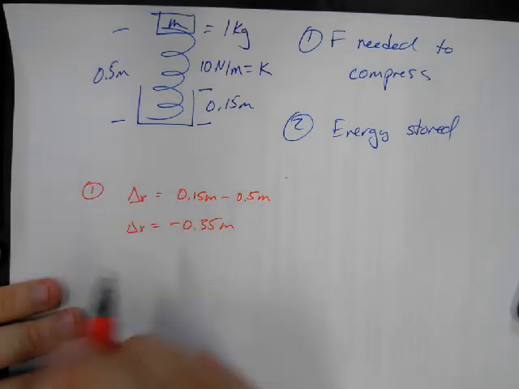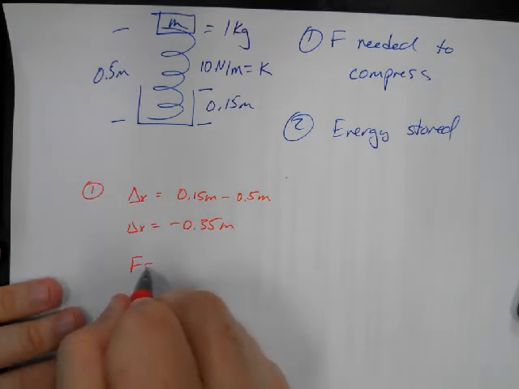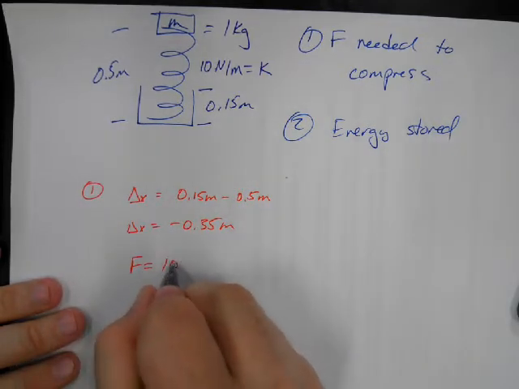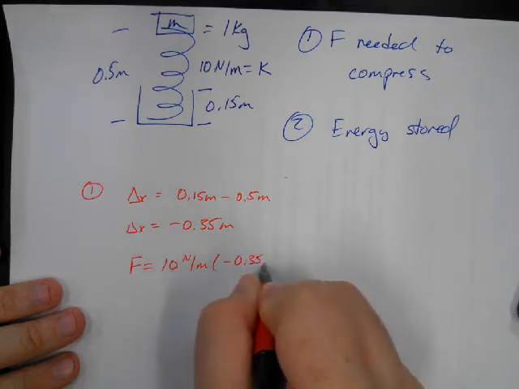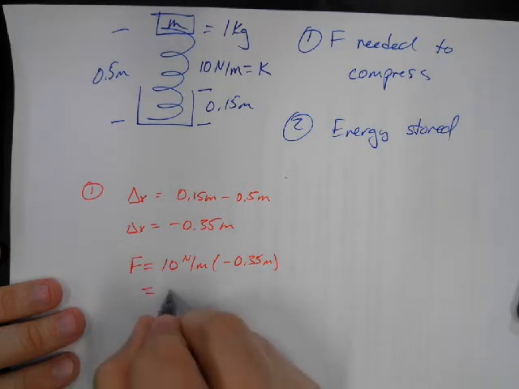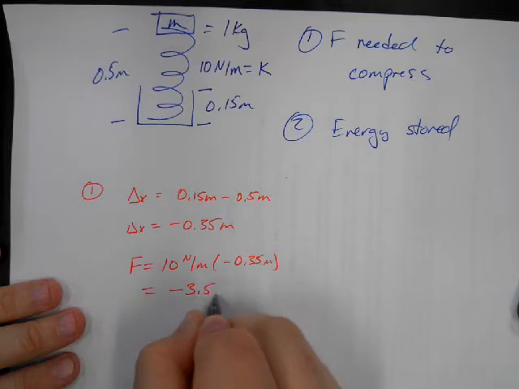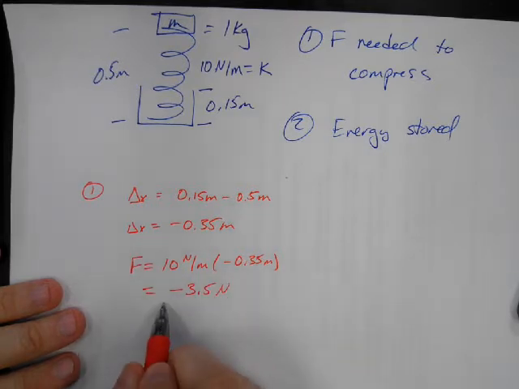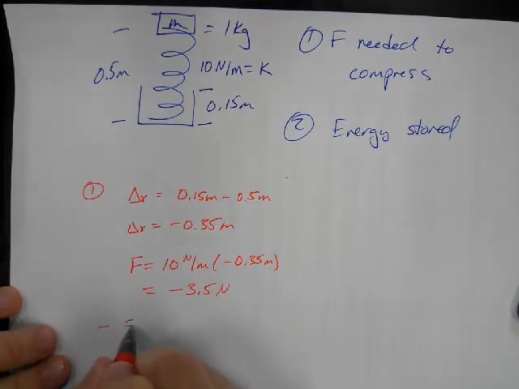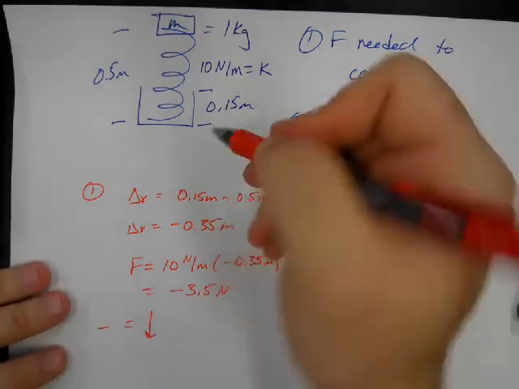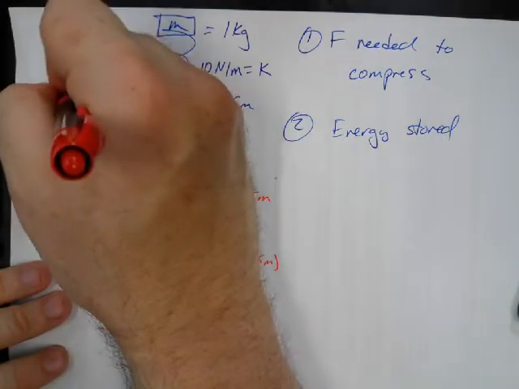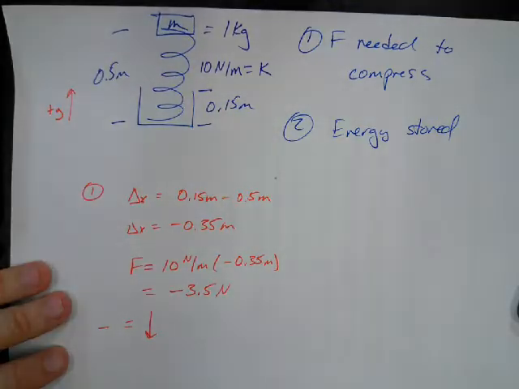So the force we need to compress is 10 newtons per meter times minus 0.35 meters, which is minus 3.5 newtons. And the minus sign here means downwards, to compress it.